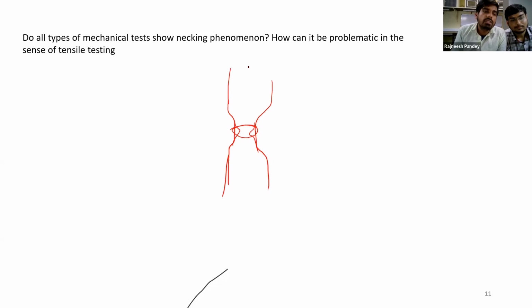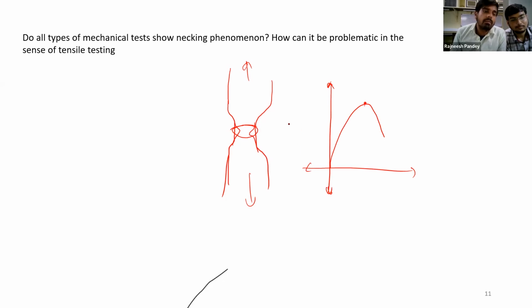That's why, when you stretch this material, at a particular stress, which we know is the UTS, there are some points in the material where the local stresses reach a very high value because of these stress concentration regions.